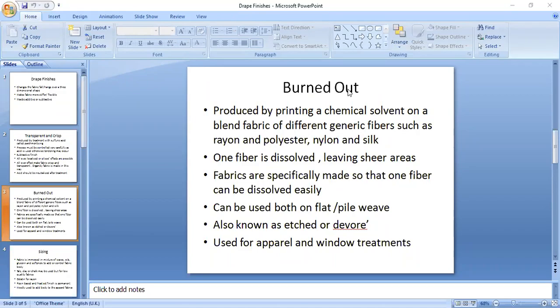But before letting that water into the stream, we should treat it and all the solvents should be removed from it.